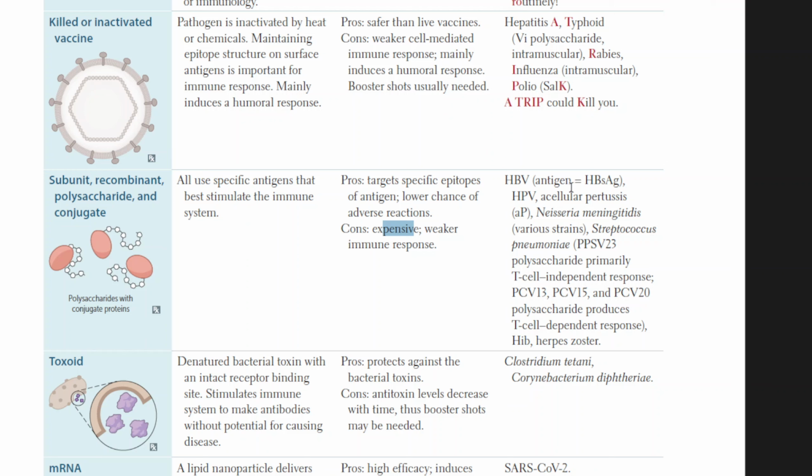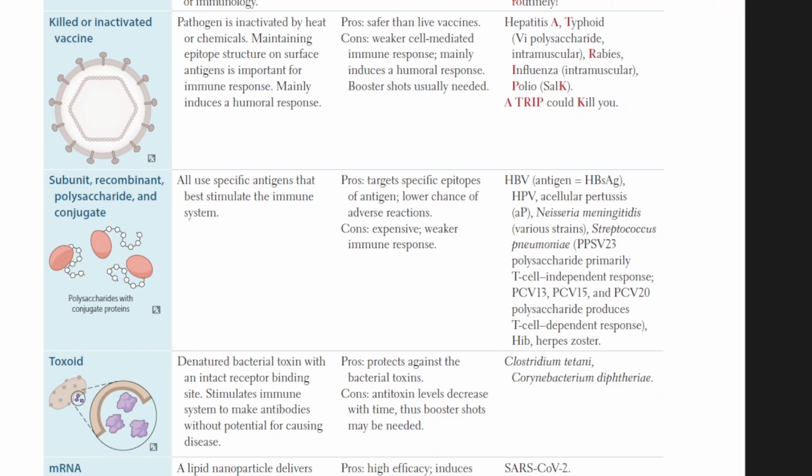Remember, we have vaccines for hepatitis B, HPV, Neisseria meningitidis, PCV13, PCV15, PCV20, and whooping cough. They're all T-cell dependent responses. We have the Zoster vaccine, and last but not least, Haemophilus influenzae.